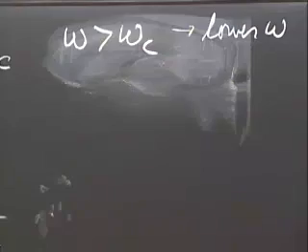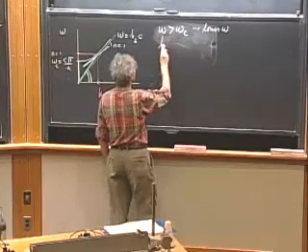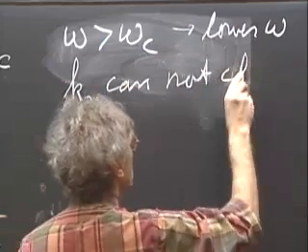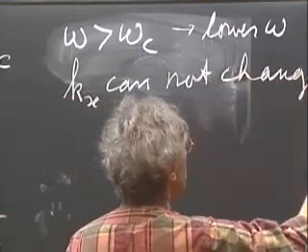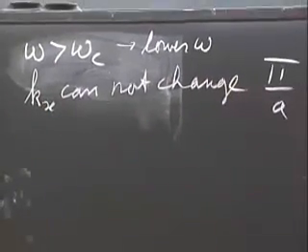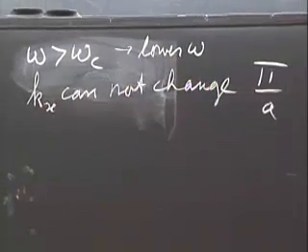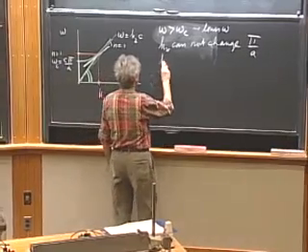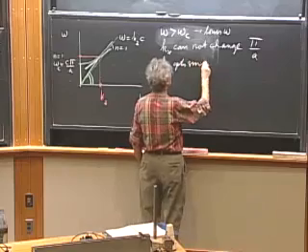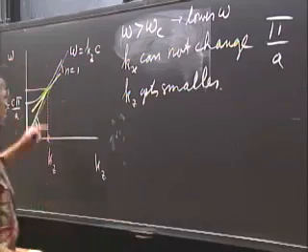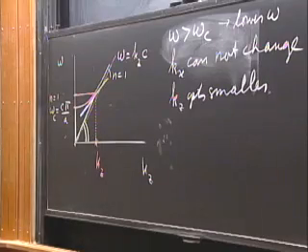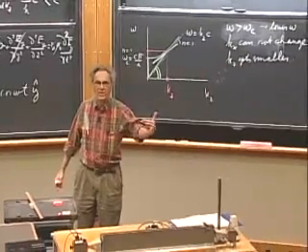Well, when you lower omega, kx cannot change. It must remain pi over a, because it must meet the boundary conditions. Therefore, kz gets smaller. You're going down this line, and the kz gets smaller. Omega is always k times c.